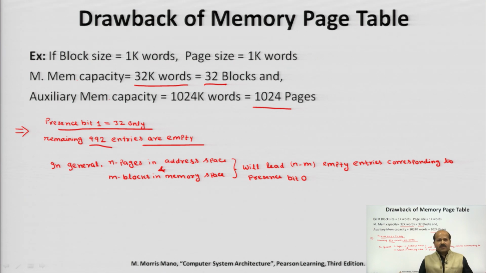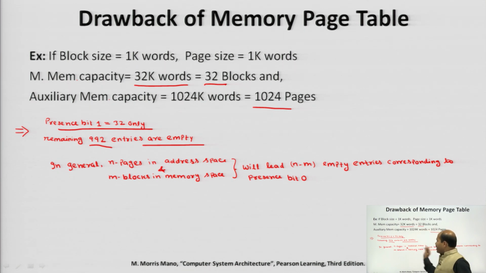So if the auxiliary size or virtual memory address space has a large capacity, and your main memory size is very small in comparison to auxiliary space, in that case there is a chance of a larger number of empty entries in the page table.